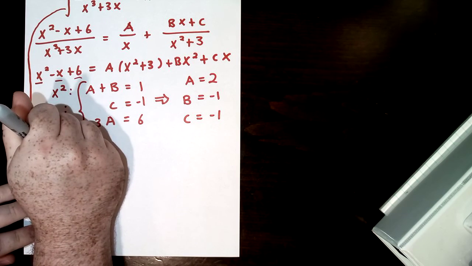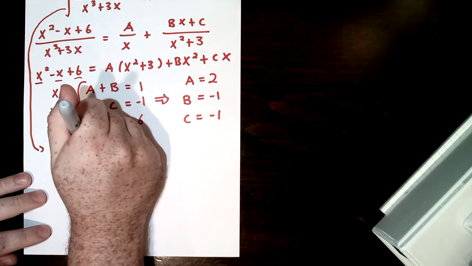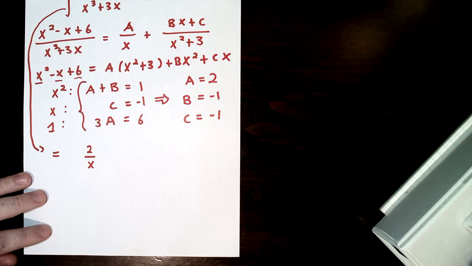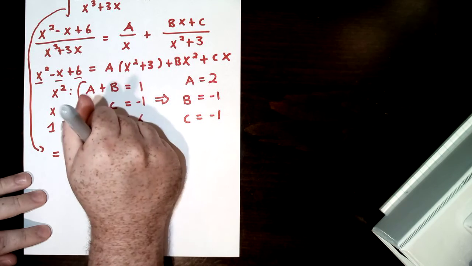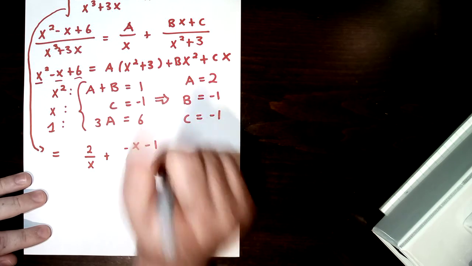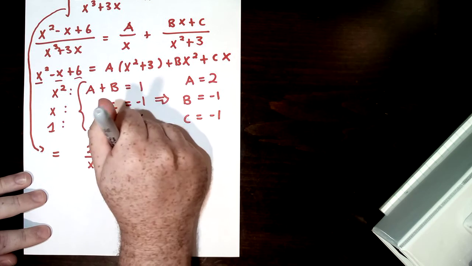So this is going to be equal to the integral of 2 over x plus -x minus 1 all over x squared plus 3.